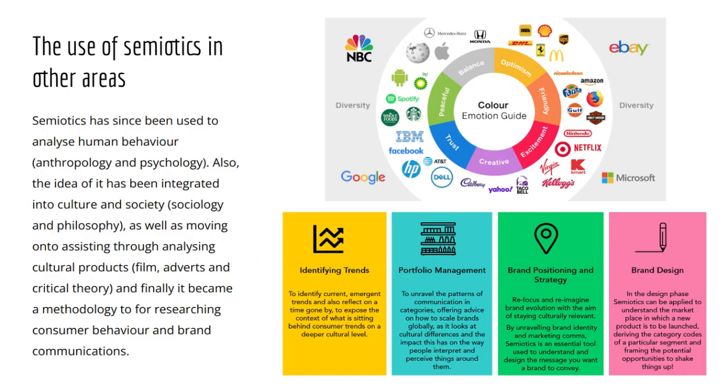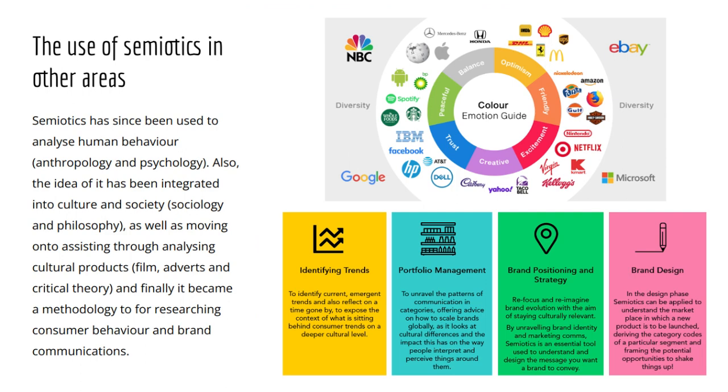So, the use of semiotics in other areas. As I mentioned in the beginning, it's used for analyzing the way humans behave. So anthropology and psychology are both studies of human behavior and human habits, people's habits and mindsets.